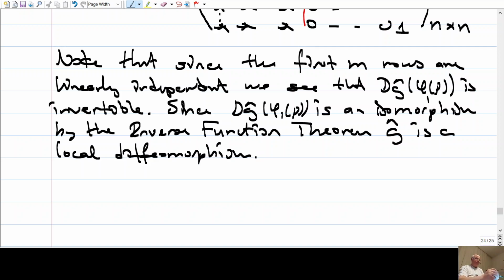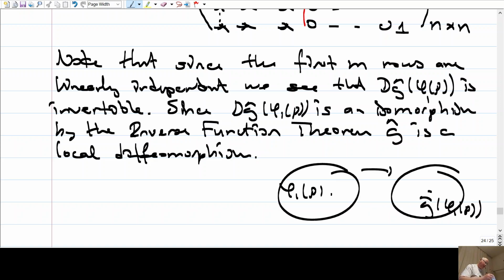So there are some open sets around the point P or phi 1p, and its image, so that G hat here is a diffeomorphism.